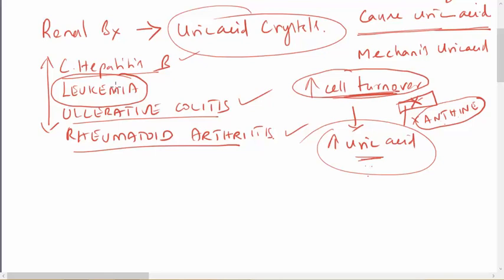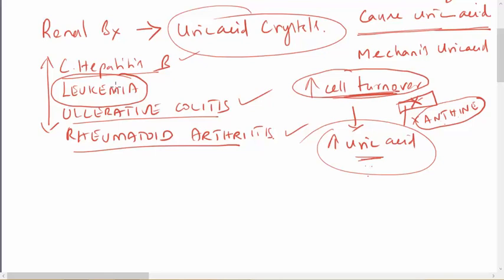So then immediately, uric acid crystal causing acute renal failure, you should know this uric acid is damaging the tubular processing. It is depositing in the interstitium and the tubules, so it is producing acute renal failure.